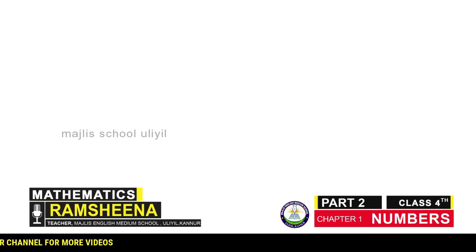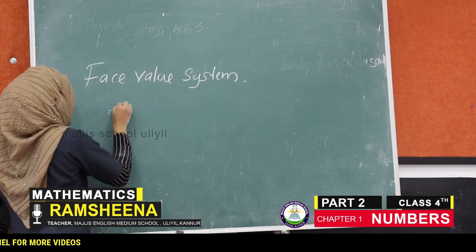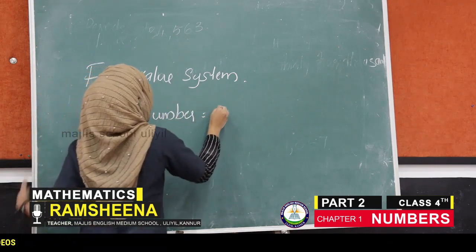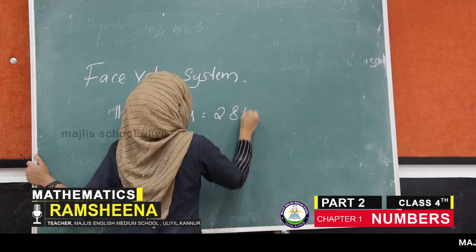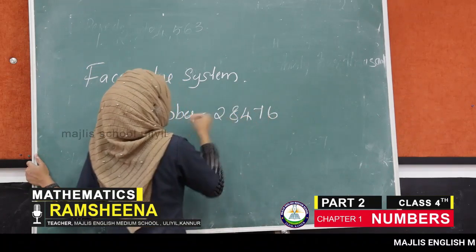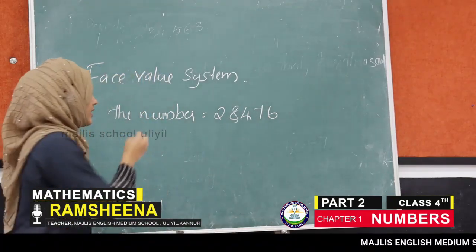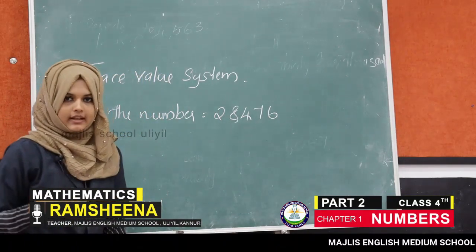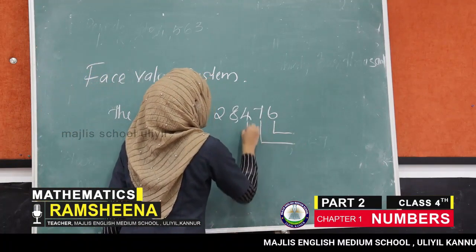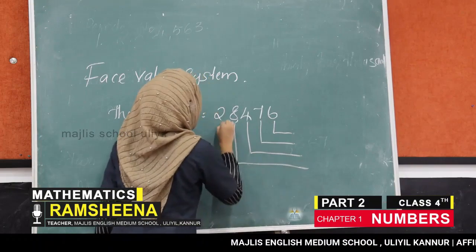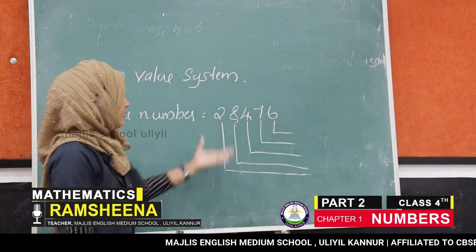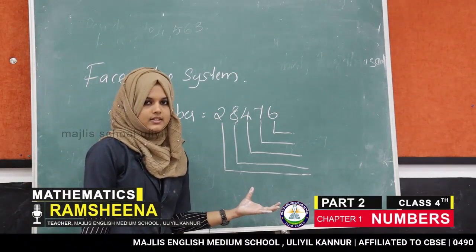Okay. For example, the number 2, 8, 4, 7, 6. In the Indian system, ones, tens, 100, 1000, 10,000. Then write these numbers in face value. We already learned the face value system in 3rd standard.